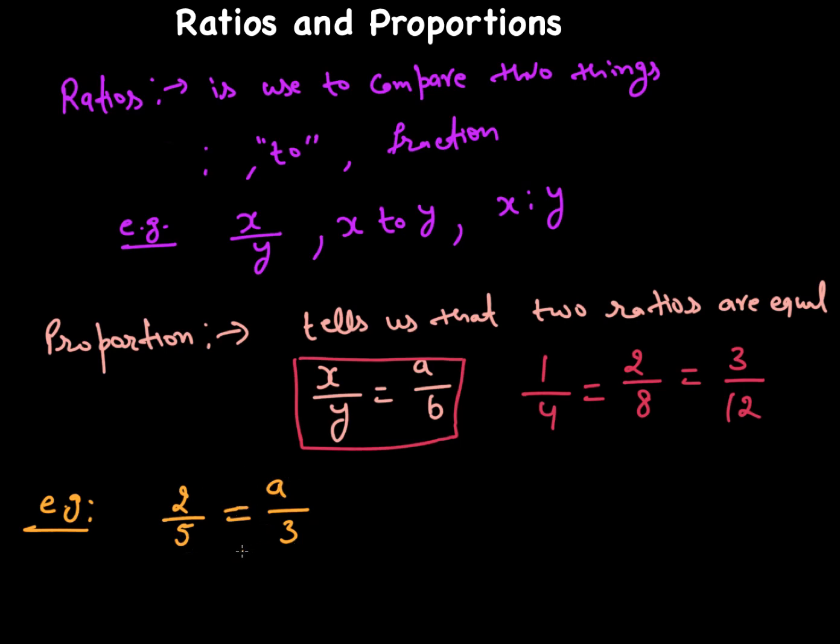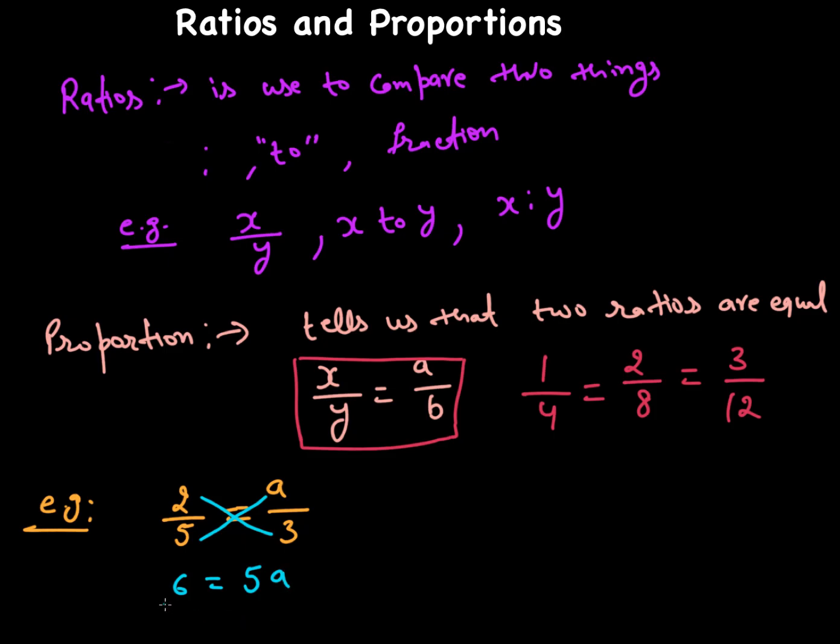So how can we do it? There is a method, very easy, very simple, fun to work with: we're gonna cross multiply these numbers over here. So this 3 will multiply with this 2, and this 5 will multiply with this a. So 3 times 2 is 6, and 5 times a is 5a.